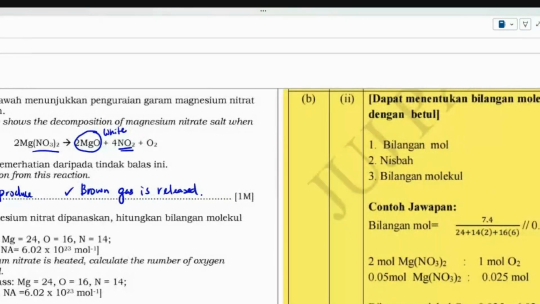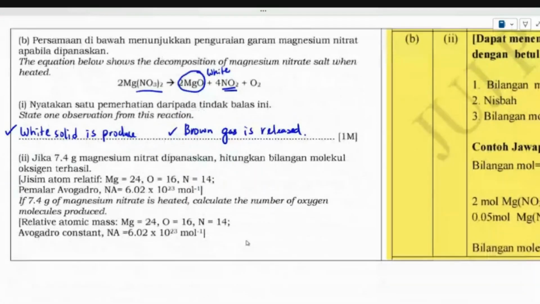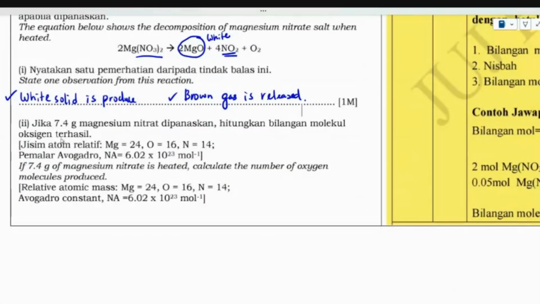Next, for the calculation in class, if you are given magnesium nitrate is heated, calculate the number of oxygen molecules here. Oxygen, very important, you have to see whether it's atoms or molecules. If molecules, it is safe, no need to do anything, just as normal, because confirm it is one molecule only.